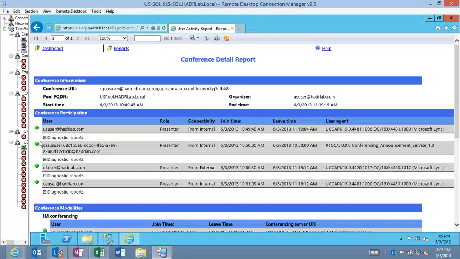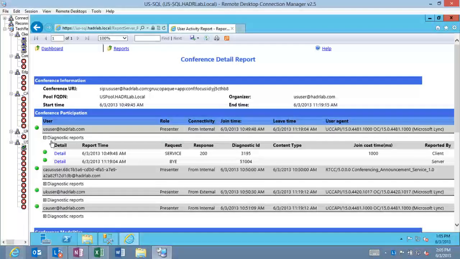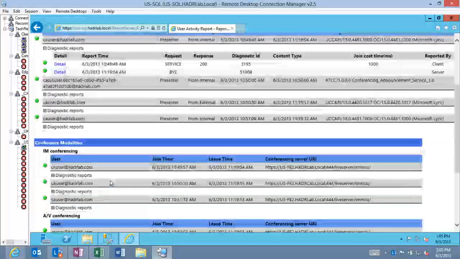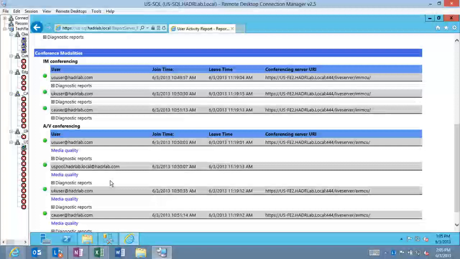Again, like I said, a lot of the information that people most often forget about is the call detail record that tells us all the information about this conference. So I can go through and I can see the diagnostic report for when people joined, when they left. If there was a problem here, I could look at the detail just like I showed you in the slide walkthroughs before.